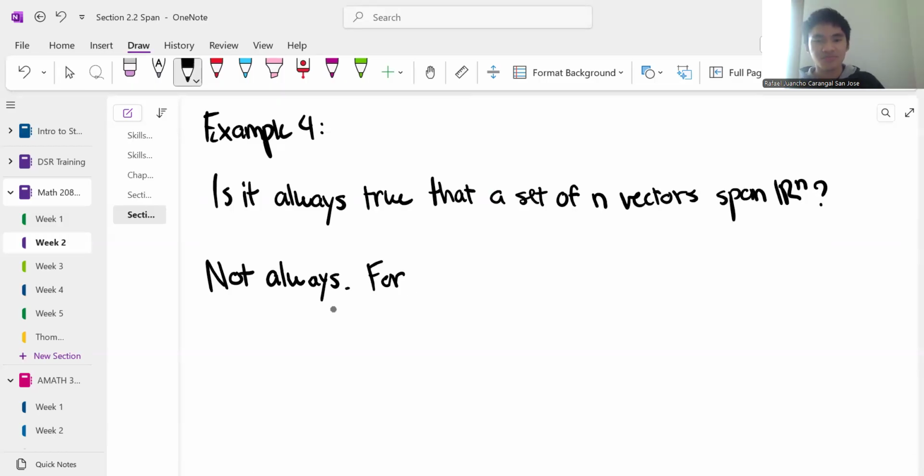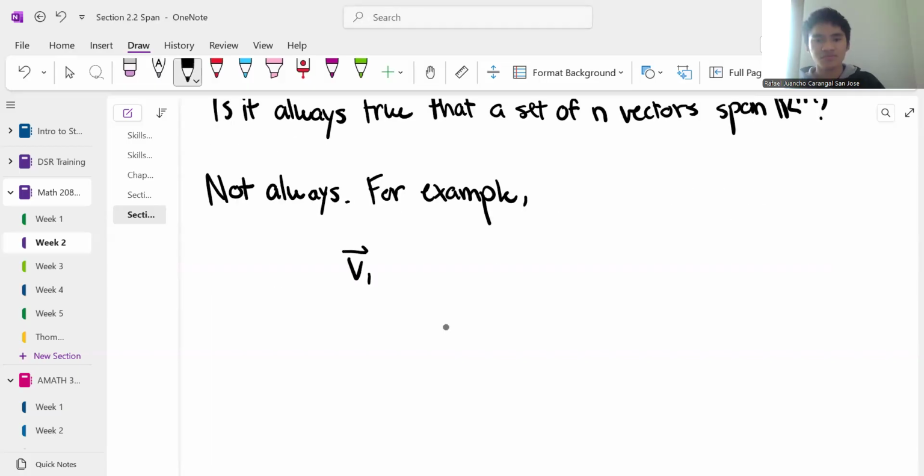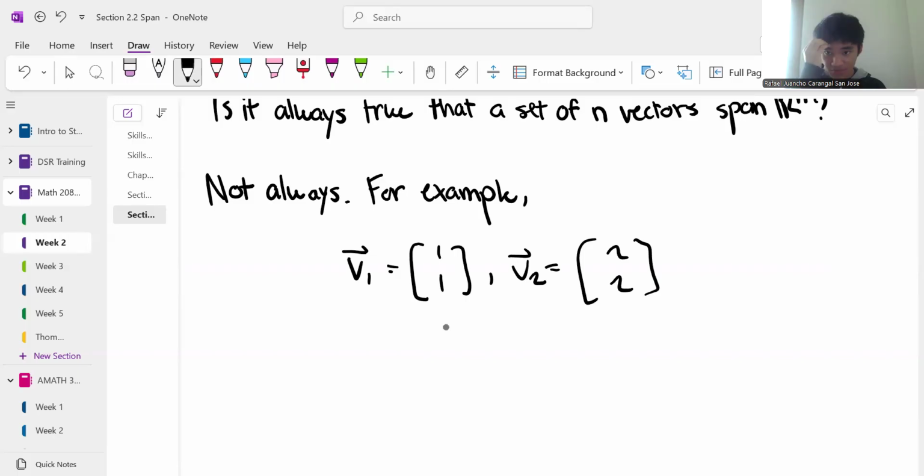So, for example, say here we have 2 vectors, right? V sub 1 is 1, 1. V sub 2 has components 2, 2. So these are 2 vectors. So they must span R2, right?